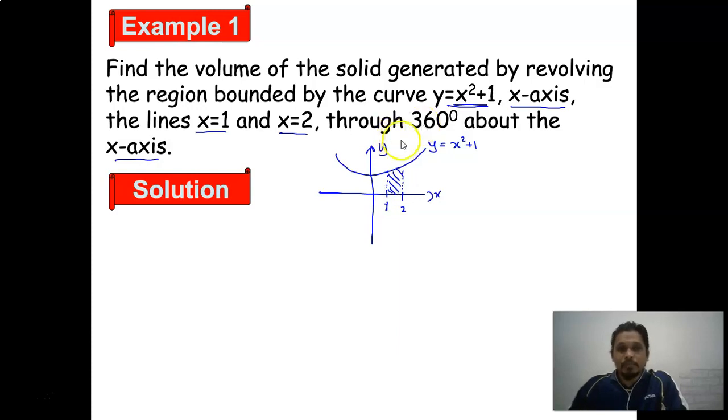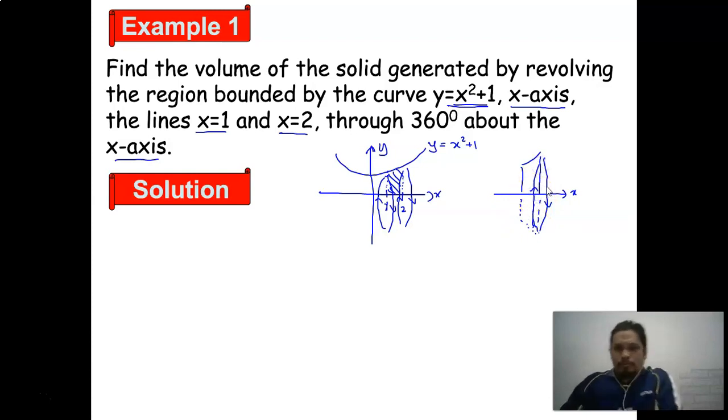Right now we are talking about the volume. Just imagine that this curve is rotated 360 degrees about the x-axis, and it gives us something like this, a 3D picture.